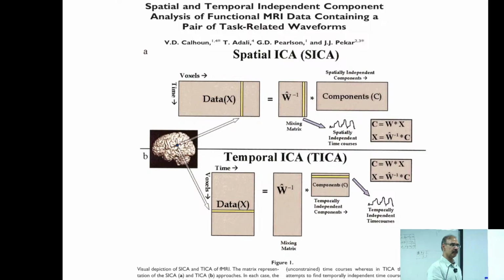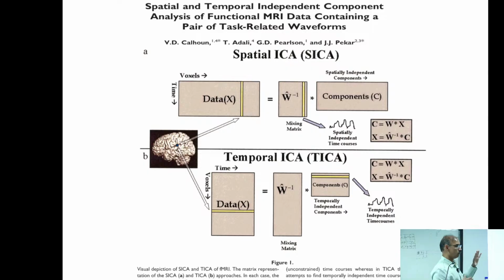And by doing this, so far we have said that any time series is a linear combination of different sources, right? But what he's saying is that any brain image, right, is a linear combination of a set of brain states, right?